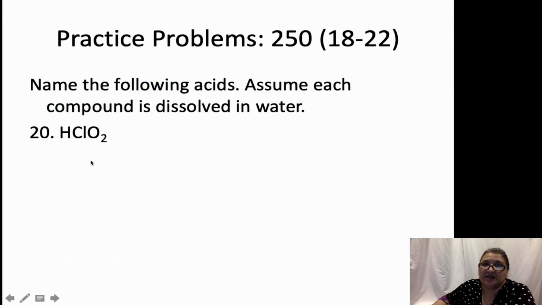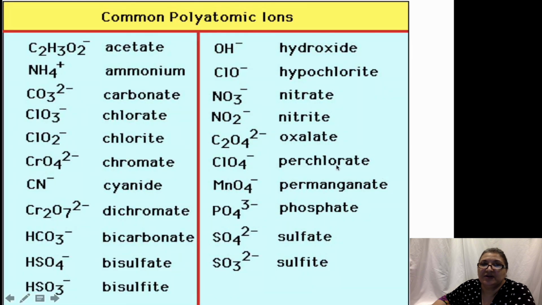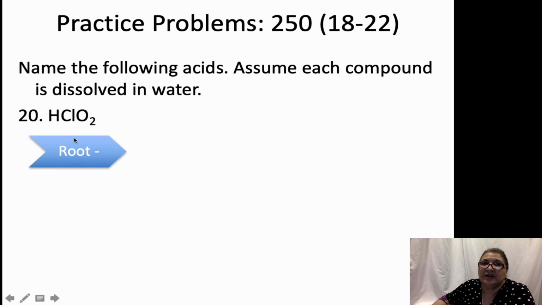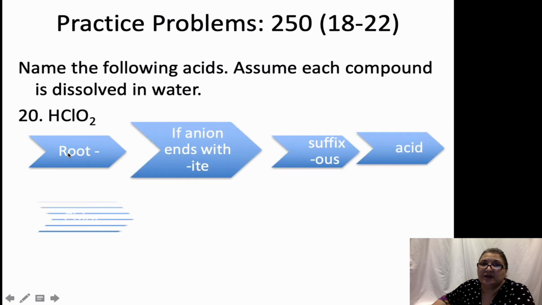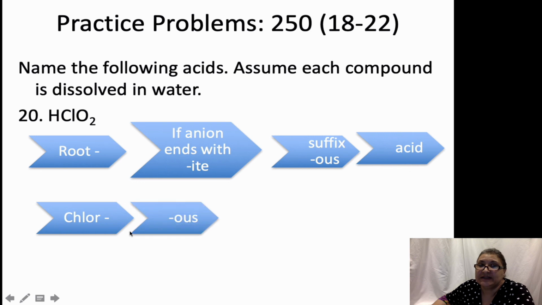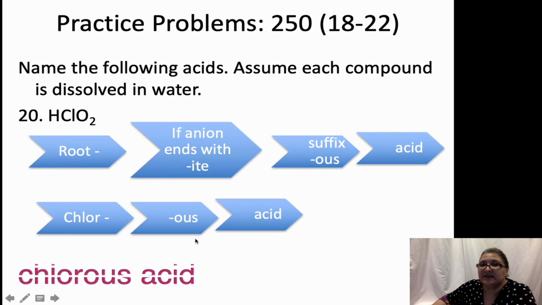This one is also a polyatomic, so we look for ClO2 chlorite. So it gets chlorous because it's an ITE and then the word acid. If it's ITE, it gets chlorous acid. So binary gets hydro, IC, and the word acid. Polyatomic, you follow these rules.